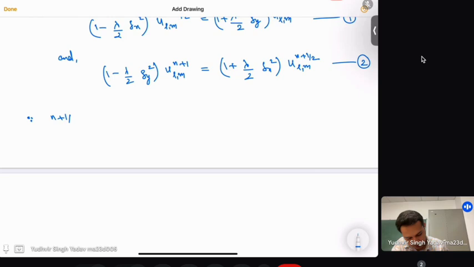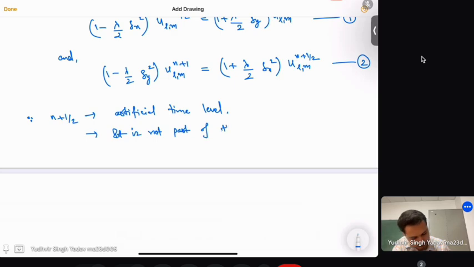We can also say that n plus half is an artificial time level that we have introduced for our convenience in order to convert the system of equations into a tridiagonal form, and it is not a part of the mesh grid. So this is just an artificial time step.